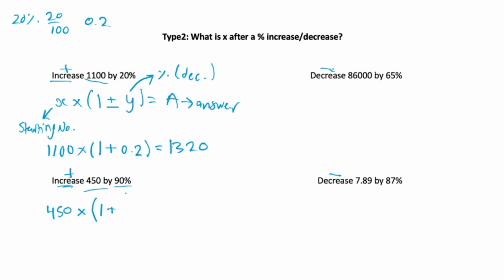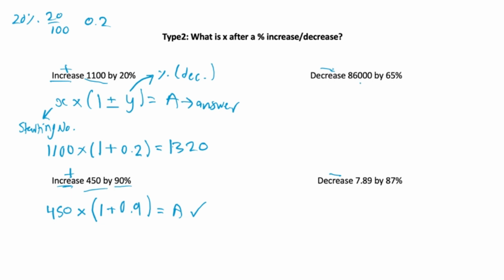Convert that into decimals like we did here, 20% to 0.2. In this case 90% turns into 0.9. Then you get the answer.